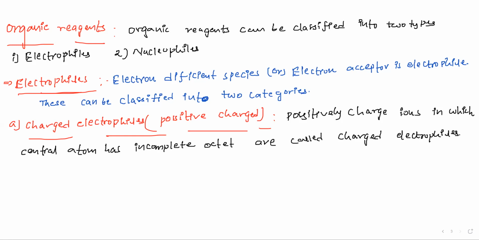Yes or no? Positively charged ions in which the central atom has an incomplete octet, that means fewer electrons than normal, are called charged electrophiles.